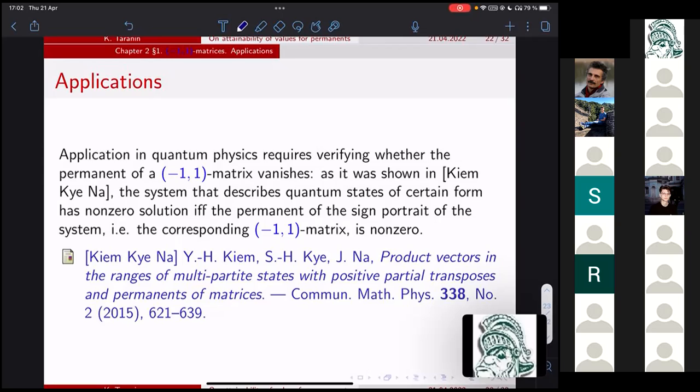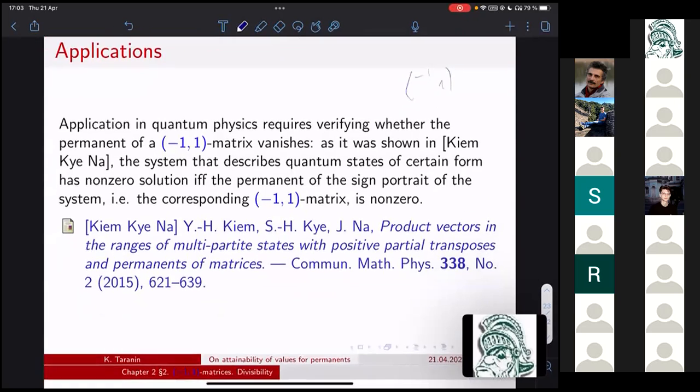This linear system has a matrix, and each element of the matrix has a sign. If we write down the sign portrait, we get a -1,1 matrix.